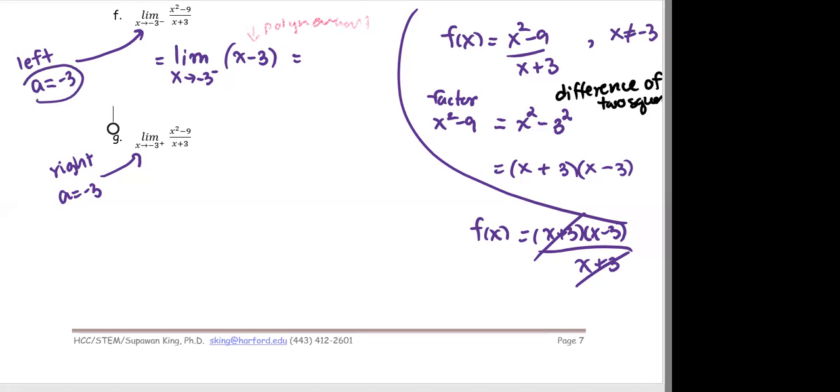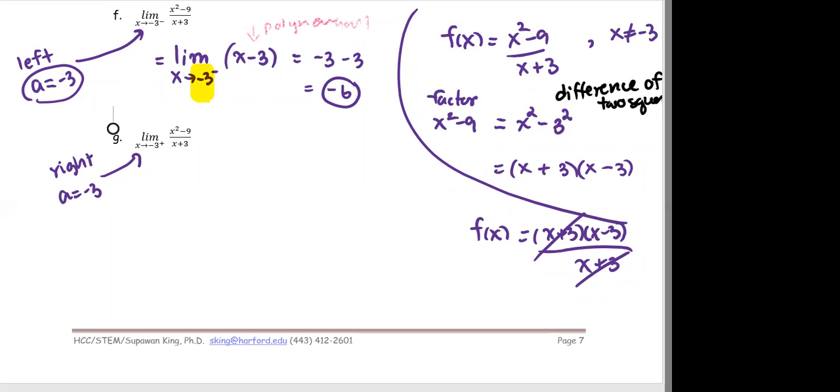Recall the value a is negative 3. The superscript negative side, do not let it bother you. Your goal is working with the number negative 3. So x is replaced with negative 3, and then minus 3. And the answer is negative 6.